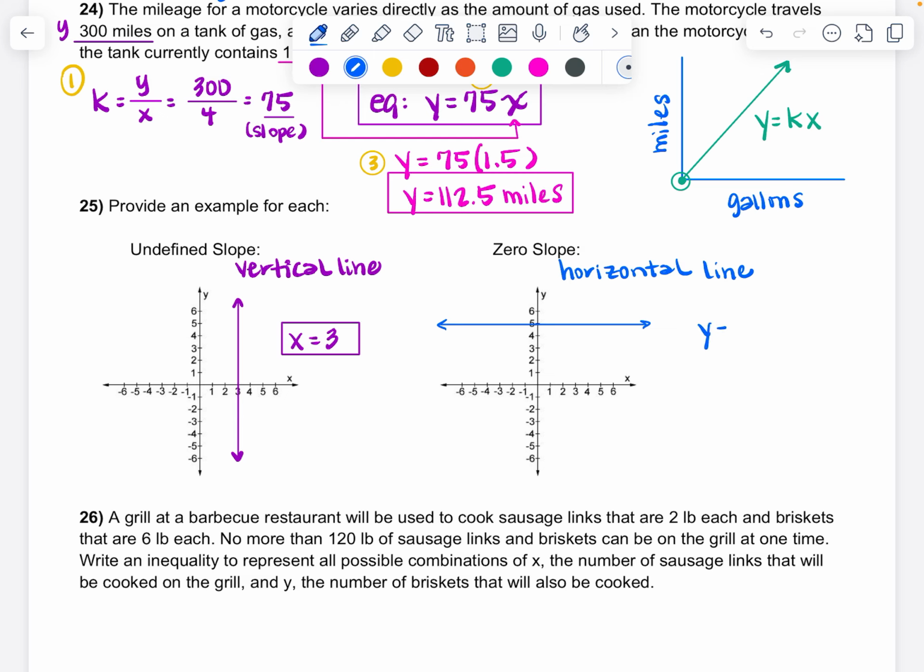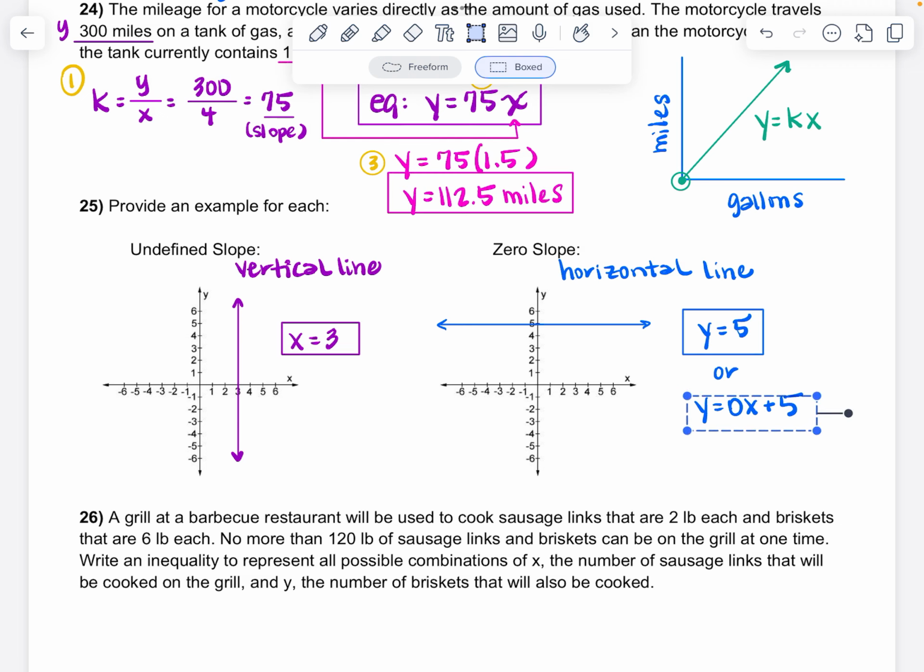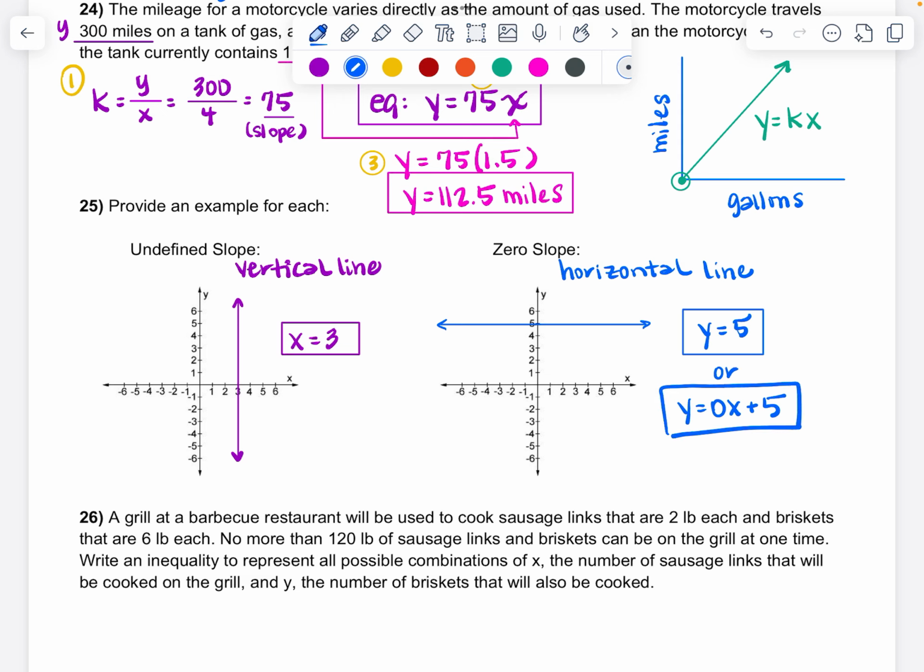It's only ever going to cross the y-axis, and this one is crossing at 5. So its equation is y equals 5. Or, of course, if you wanted to, you could write it as y equals 0x plus 5. That means the same thing in this case, but no one really ever writes the 0x because 0 times x is just 0, which is why there's no x, because this line will never cross the x-axis.